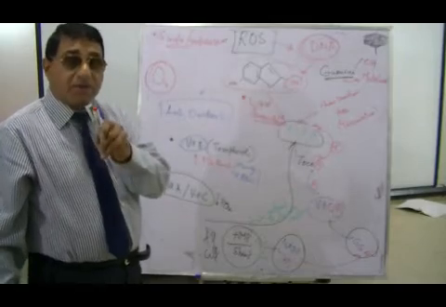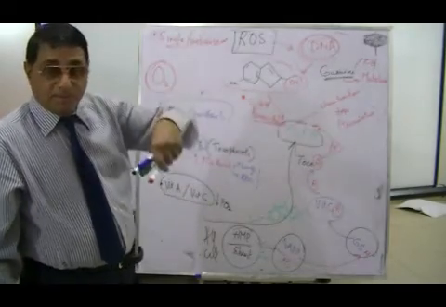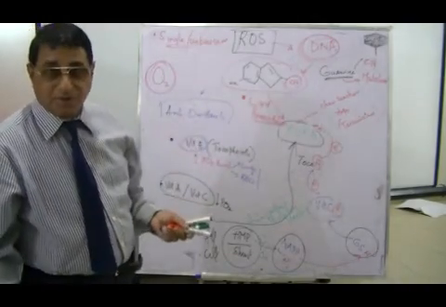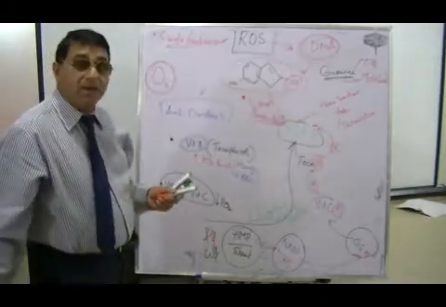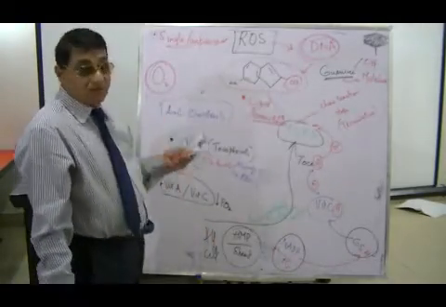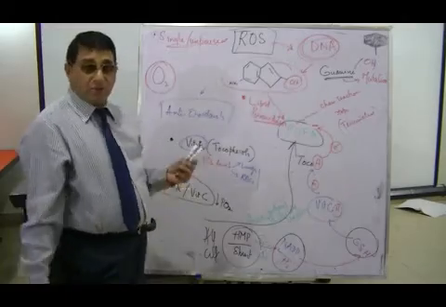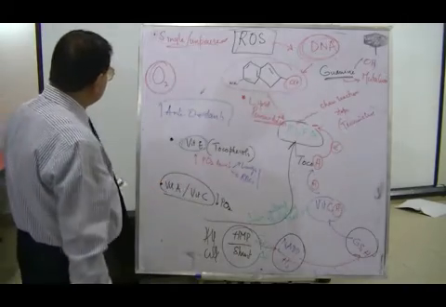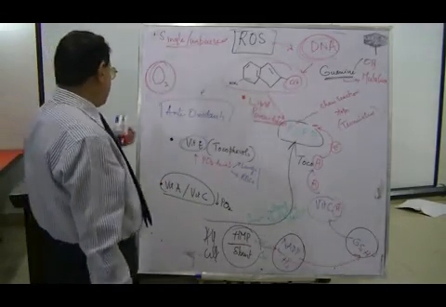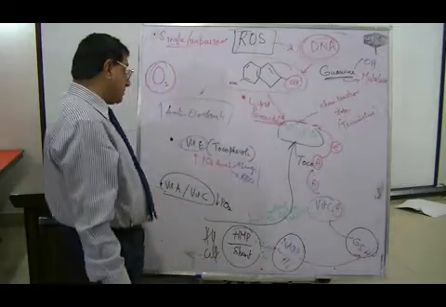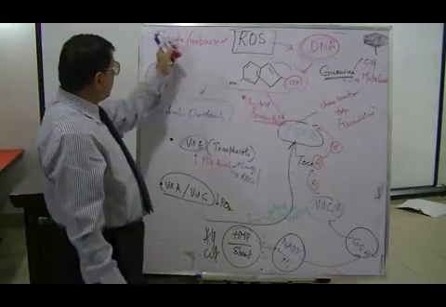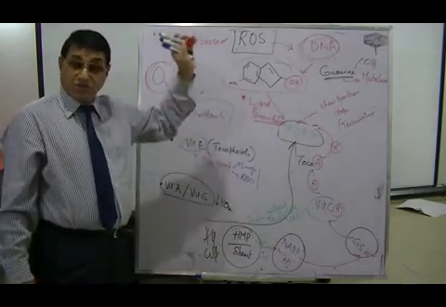Which phospholipids? Of the cell membrane, because the cell membrane is made up predominantly of phospholipids. So if they are damaged, the phospholipid is damaged and the cell membrane is damaged. I've repeated it over and over again. So this is how the reactive oxygen species are produced. They have unpaired electrons and they are causing so much damage.